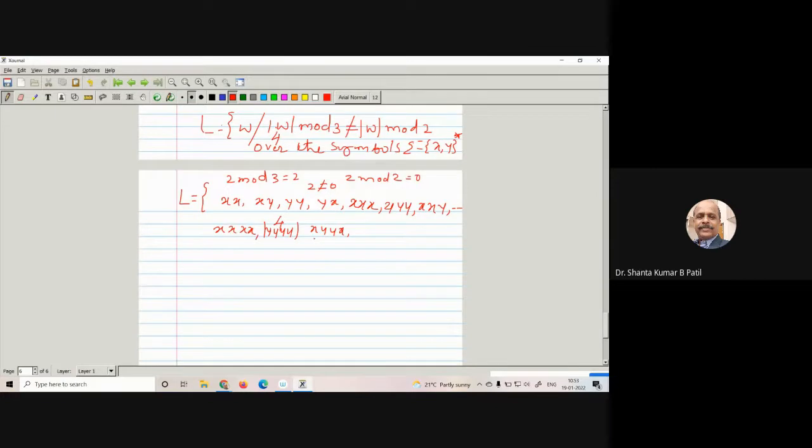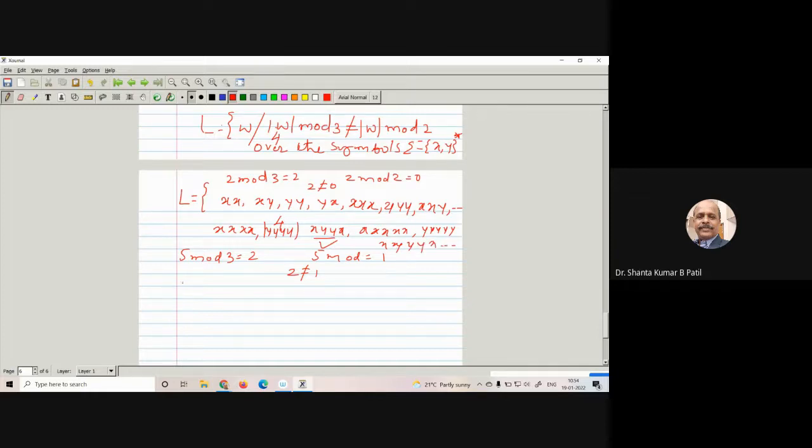A string made up of 4 symbols, either x or y. 5: 5 mod 3 is equal to 2 and 5 mod 2 is equal to 1, therefore 2 is not equal to 1, so 5 is also accepted. All 5x, all 5y, or combinations xy, yx, like that 5 symbols are accepted.